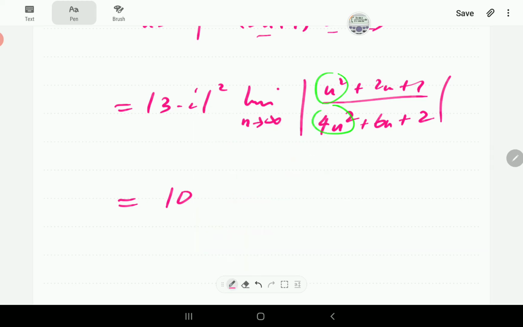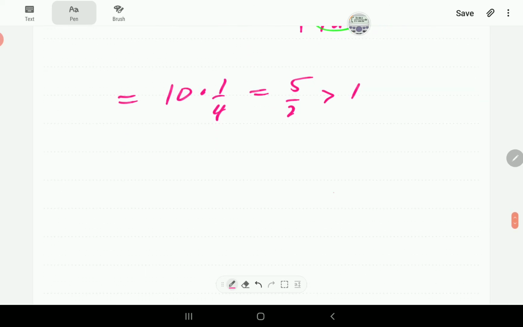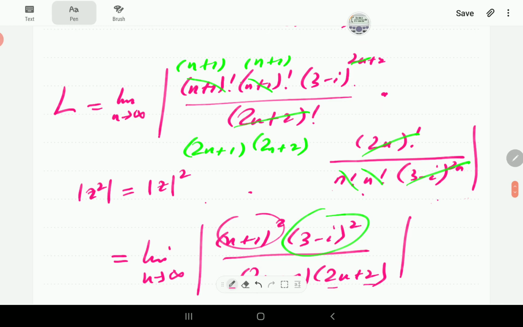So that is simply going to give us 1 over 4. So that's 5 over 2. This is greater than 1. This is telling us that the series is absolutely divergent.